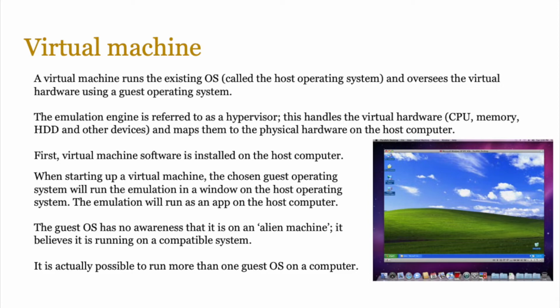This emulation engine, which is referred to as the hypervisor, handles the virtual part, the virtual CPU, the virtual memory. All the other hardware devices that you've got connected to the actual operating system can be shared with the guest operating system. It maps all of them to the physical hardware on the host computer.